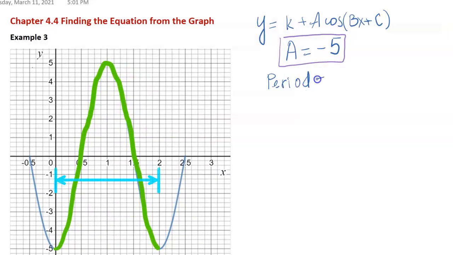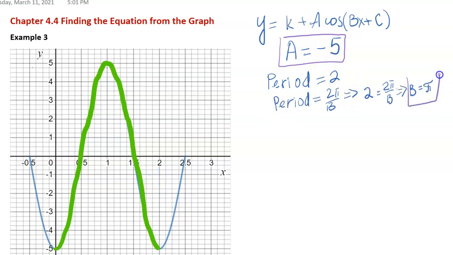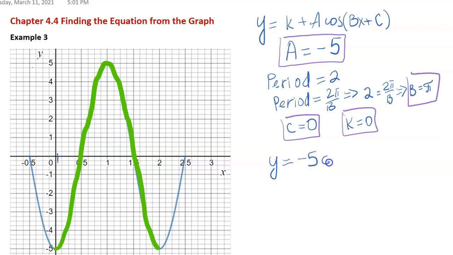Period equals 2, so we can find coefficient b. b equals pi. There is no horizontal shift in this graph, so c is equal to 0. There is no vertical translation as well, so coefficient k is also equal to 0. So the equation that describes this graph in the cosine form is y equals -5 cosine pi x.